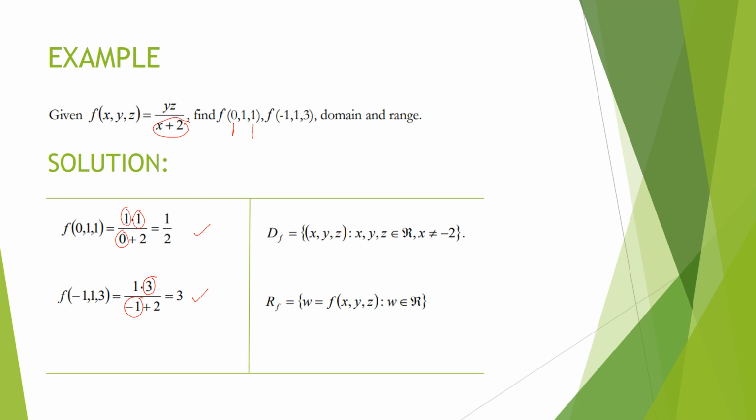Find the domain of the function f. So you have to think, we have a denominator here. We know that the denominator cannot be equal to 0 because it leads to undefined.